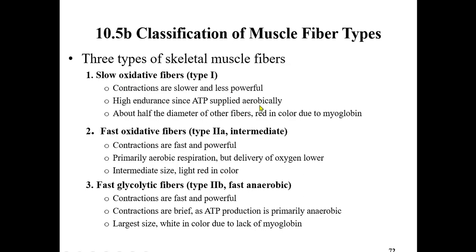And there's the word aerobic. Fast glycolytic means glycogen. So therefore, it's going to be anaerobic, and there's your word down there, anaerobic. Fast is going to be white because of less myoglobin. Slow at the top is going to be more red because of myoglobin. So make sure you're aware of number 1 and number 3 for the test.